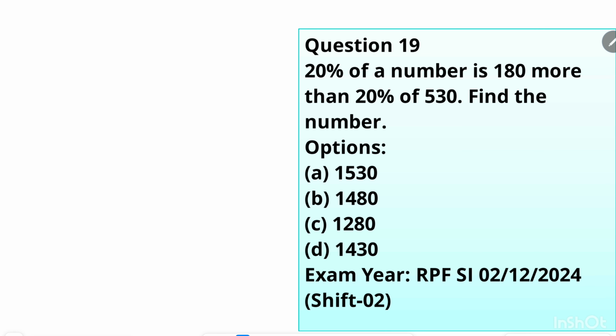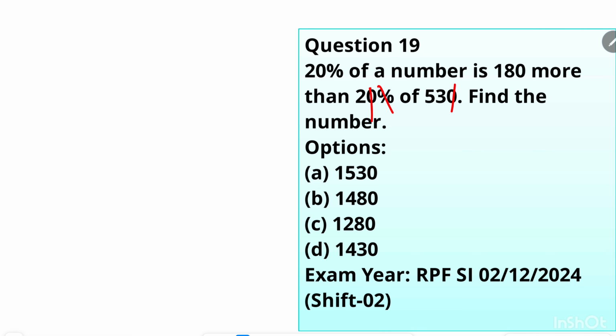Find the number. 20% of any number is 180 more than 20% of 530. You understand? Here you can directly take 20% of 530 and see how much it gives.